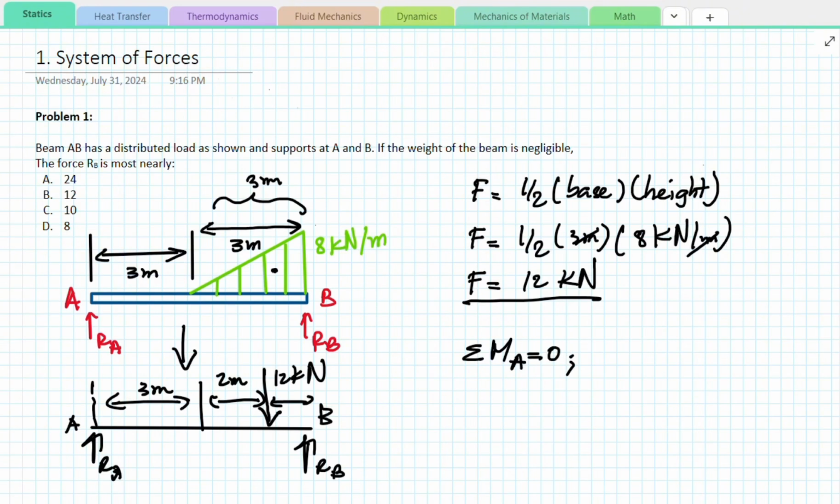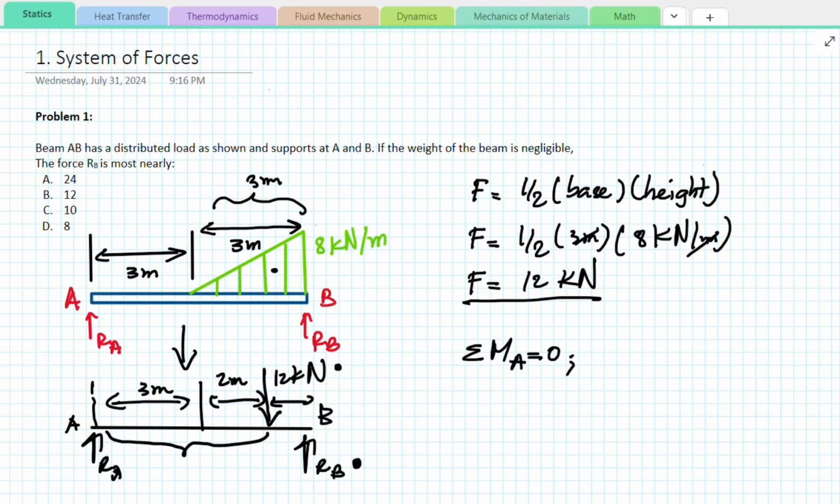The only two forces to the right of point A will be our concentrated load of 12 kilonewton and the reaction at point B. So to calculate the moments, as we all know, moment is force times the distance. So the concentrated load being the first force, times the distance to point A.